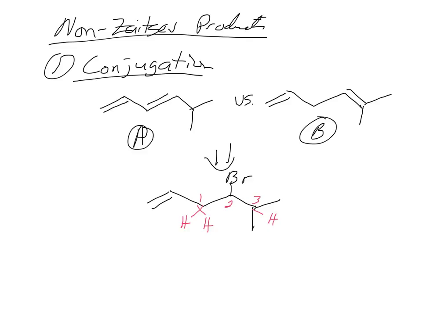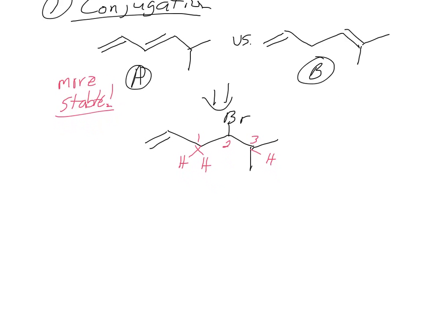I always want to take it from 1 because conjugation is more important than substitution of the double bond. So conjugation is more important, more stabilizing. A is more stable than B. So that'd be the first one.